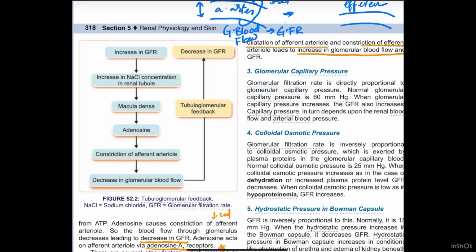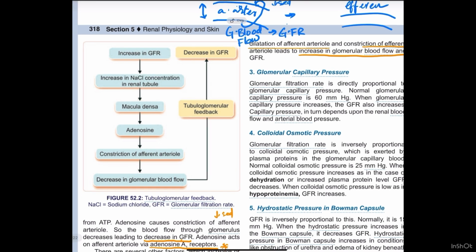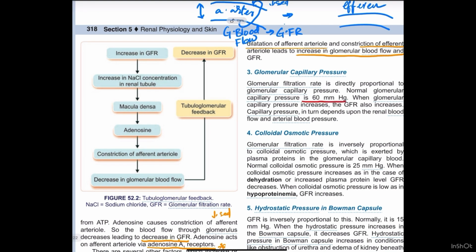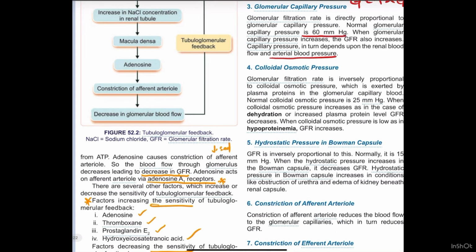Now glomerular capillary pressure, we already discussed. Glomerular capillary pressure is directly proportional to GFR. Normal glomerular capillary pressure is 60 mm of Hg. When the glomerular capillary pressure increases, GFR also increases, and this in turn depends upon the renal blood flow and arterial blood pressure. Colloidal osmotic pressure is inversely proportional to glomerular filtration.